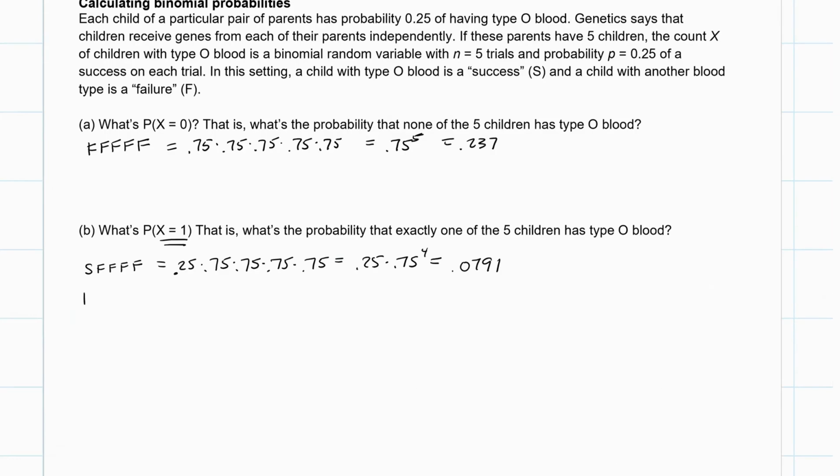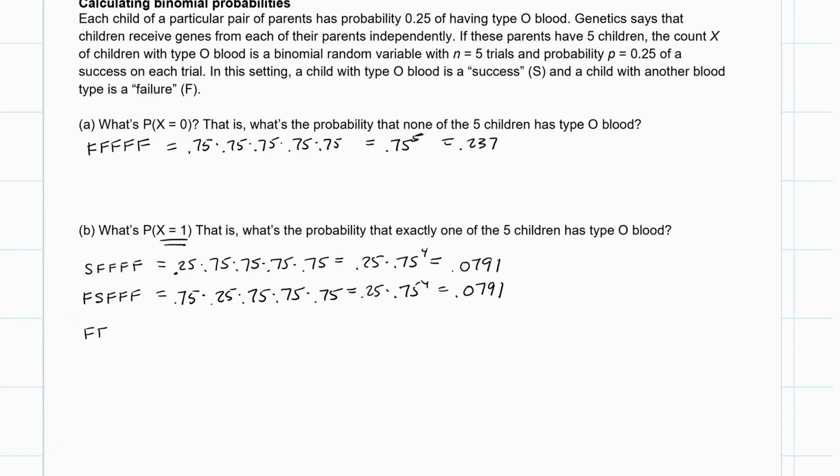You could have a failure and then follow that by a success and then three failures, in which case we might think of the probability as 0.75 times 0.25 times 0.75 times 0.75 times 0.75. Now, if you're allowed to rearrange the things that you're multiplying, you'll realize that this is the same as 0.25 times 0.75 to the fourth and shares that 0.0791 value.